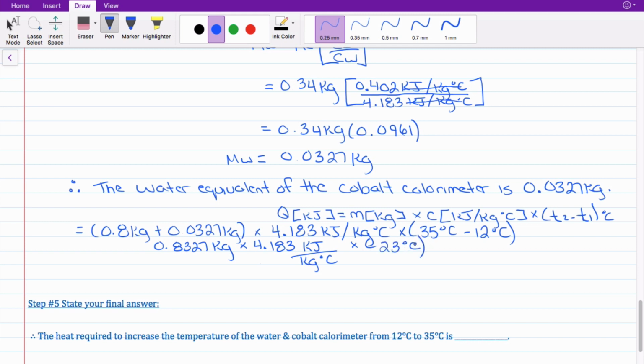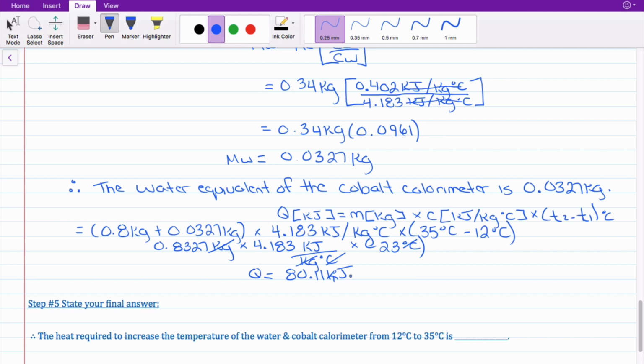If we cancel out what's in the variables that are in the numerator and the denominator, the degrees Celsius cancel out, kilograms cancel out, and we're left with kilojoules. So if you times 0.8327 times 4.183 times 23, that'll give you a quantity of heat added of 80.11 kilojoules.